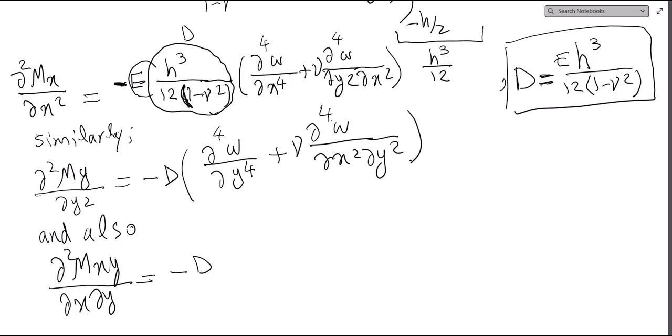And similarly for xy, this becomes minus D, 1 minus mu, d4w dx2 dy2.